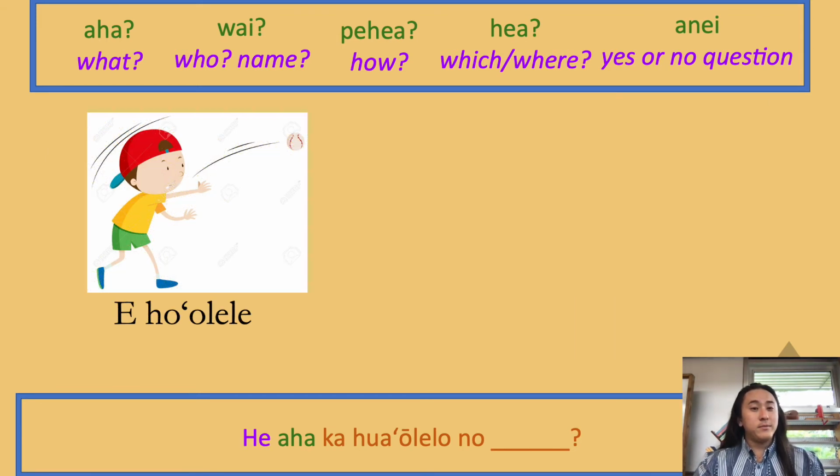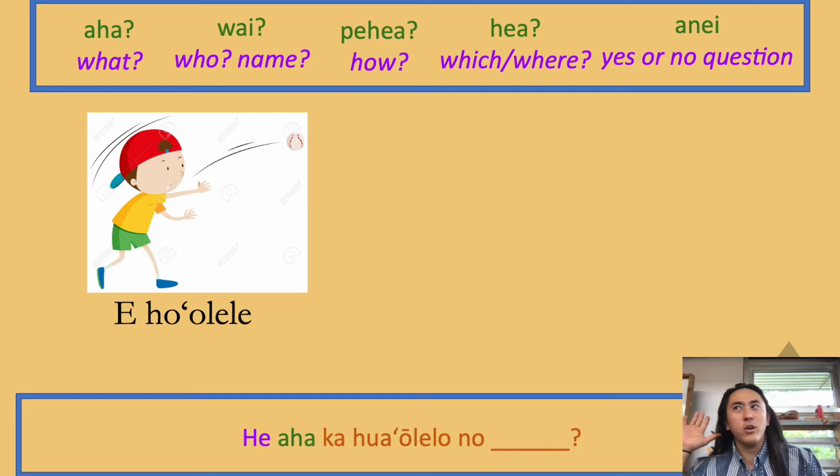E ho'olele. This is actually a good one. We probably come into our first instance of a ho'o before something. Ho'o is a prefix that you can add to the front of verbs. So lele, to fly. Ho'olele, to make fly. Ho'o is to make something happen. Ikaika, strong. Ho'oikaika, to make strong. Lohe is to hear.